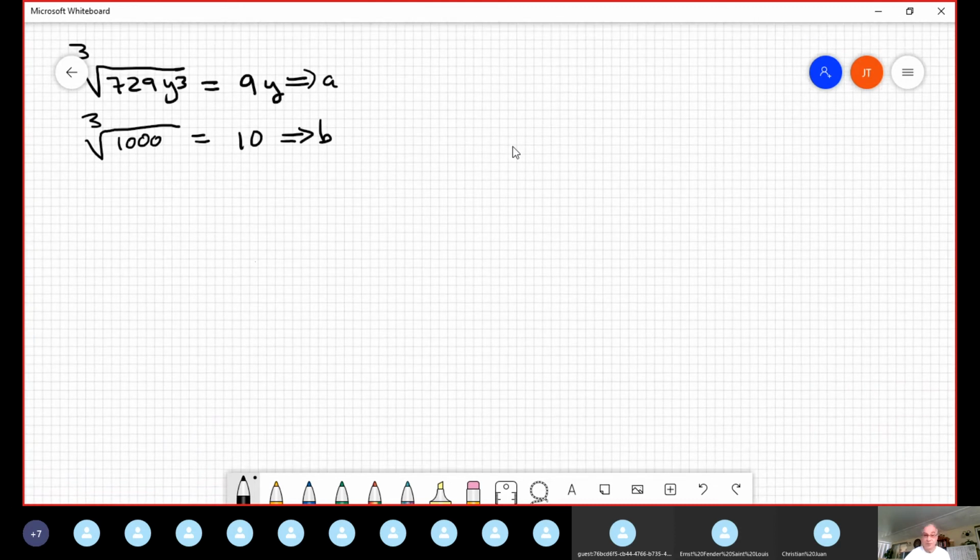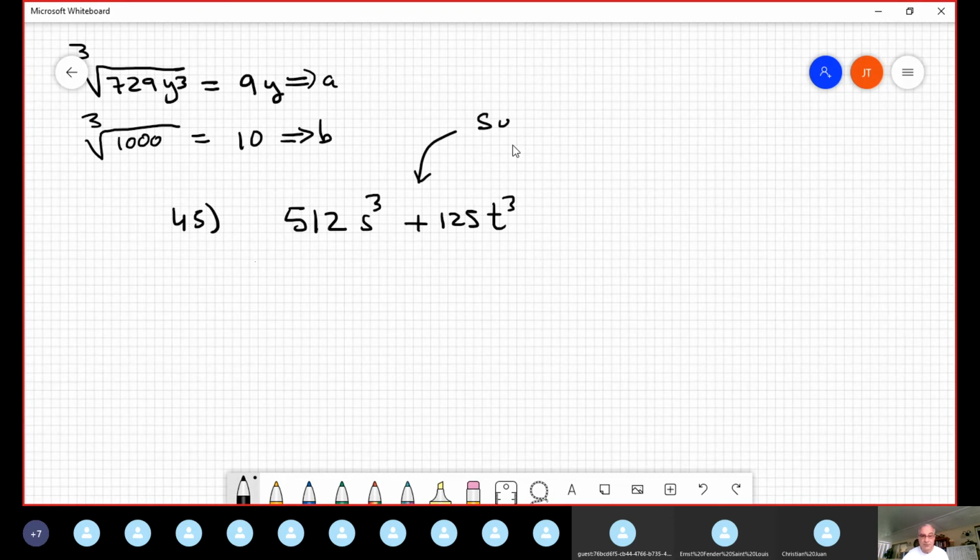Next, 512 S cubic plus 125 T cubic. This is different because this is a sum of cubes.